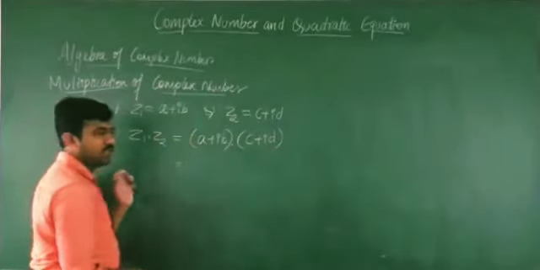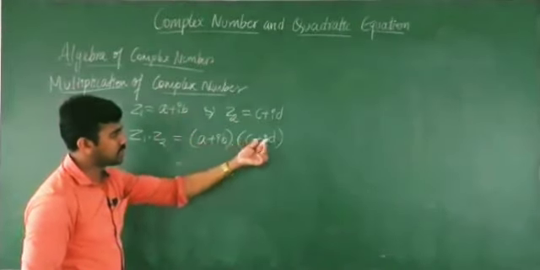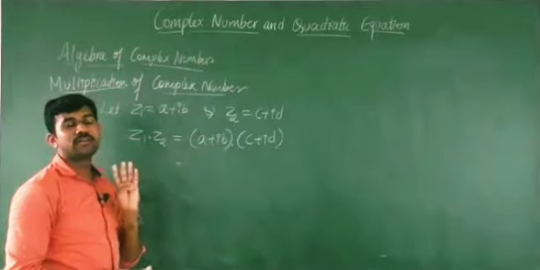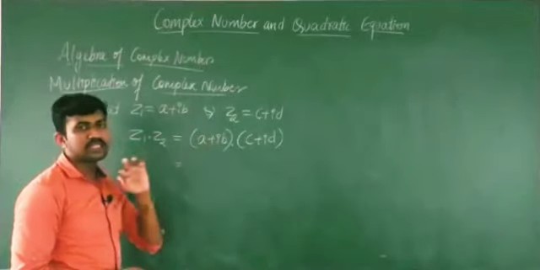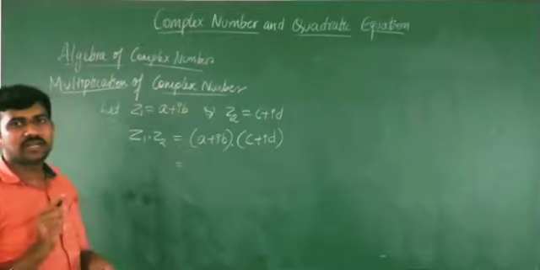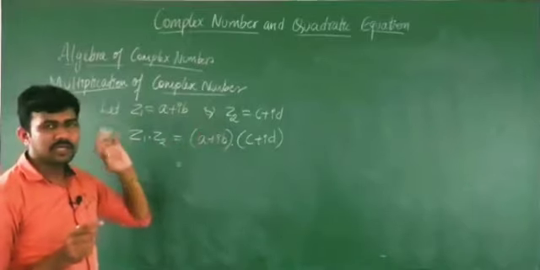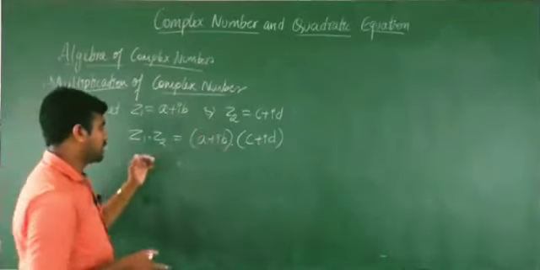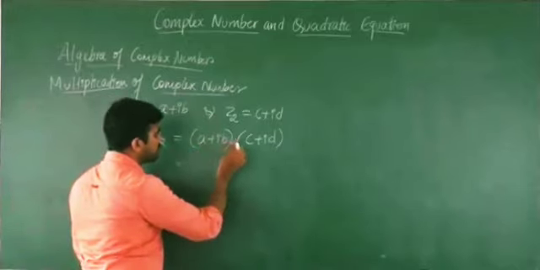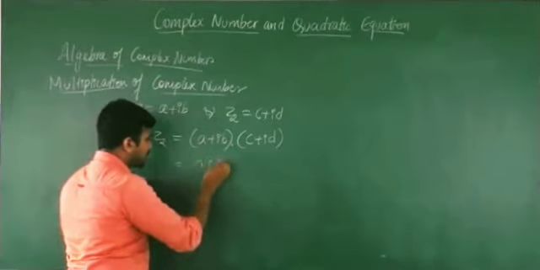So, multiply, here you have two terms, here two terms, multiply each other, we will get four terms. That basic method you already used in your high school, that same method you can apply to multiply two numbers here, okay. So, here a first multiply with the c, what will get ac.